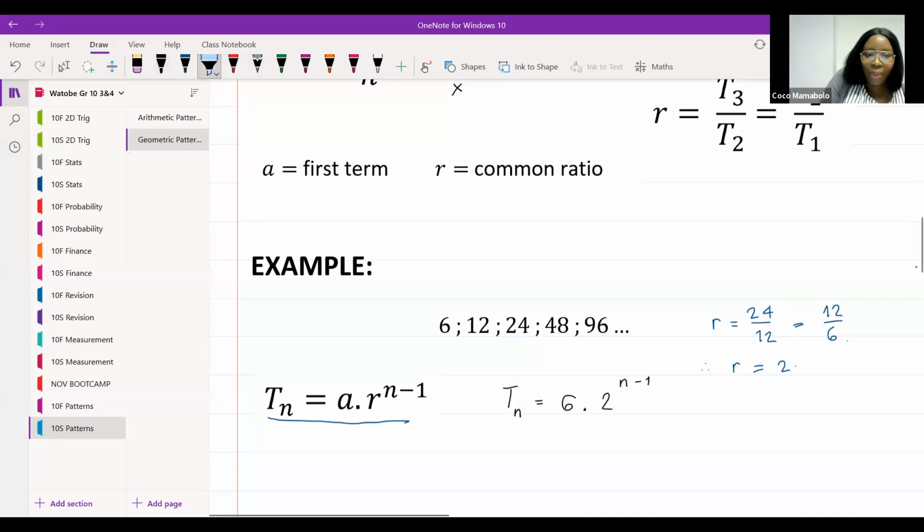Quick question. Am I allowed to take 6 multiplied by 2 and say that my general term is 12 to the power of n minus 1? Yes or no?